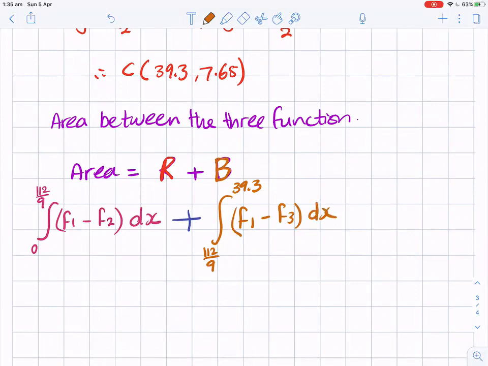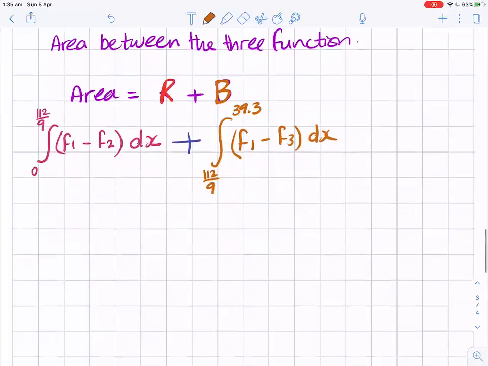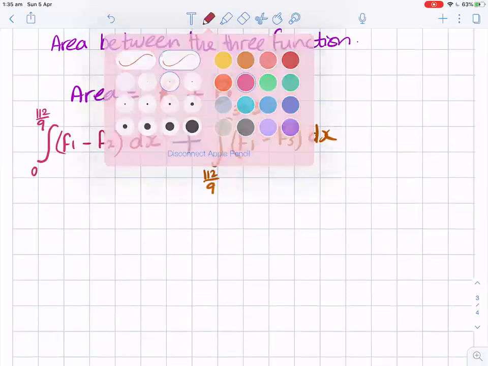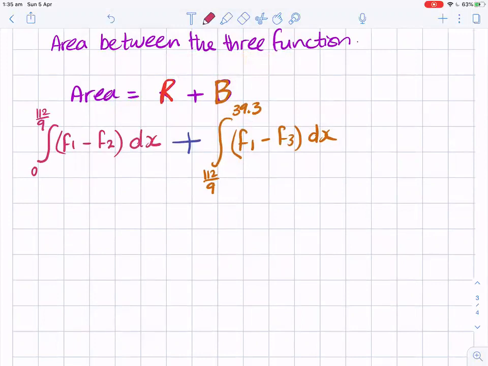Okay, and in this case, we just substitute the values of them. I'll just do the red one first here. You can do them separately and then add them later on.